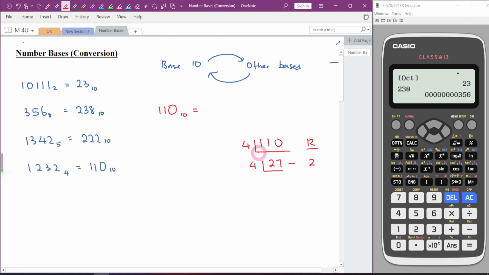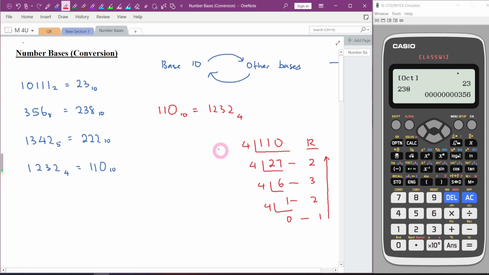Slowly it's okay, as long as you understand the concept and get the answer correctly. And the answer, remember, read from the bottom: 1 2 3 2, 1 2 3 2 base 4.